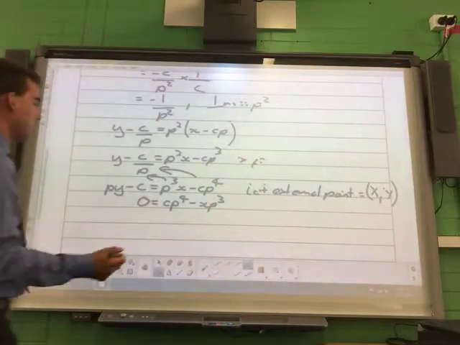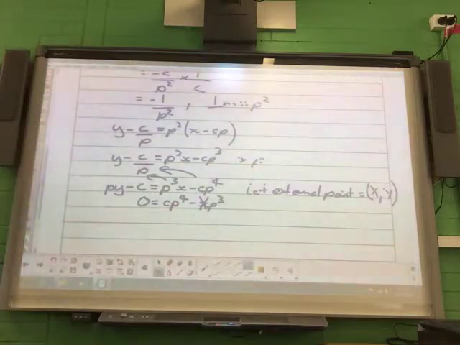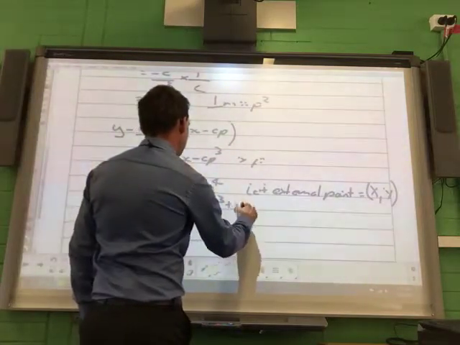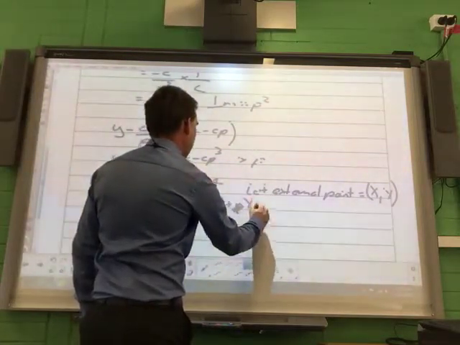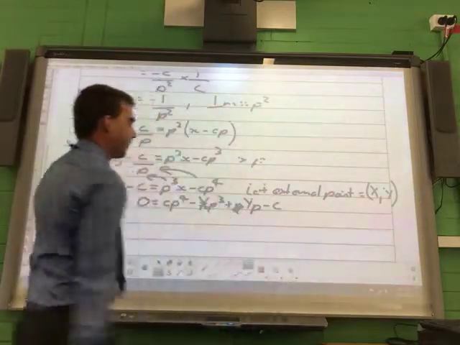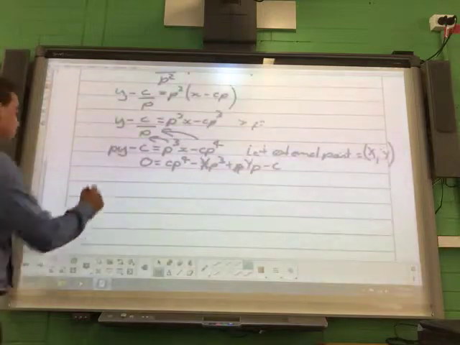Okay, so this should be capital X because I'm substituting my point, capital X, capital Y, for my little x, little y, plus capital Y, p, take away c. So now I've got a polynomial in terms of p. And this is our quartic polynomial, so that means there can be generally 4 roots for the values of p.